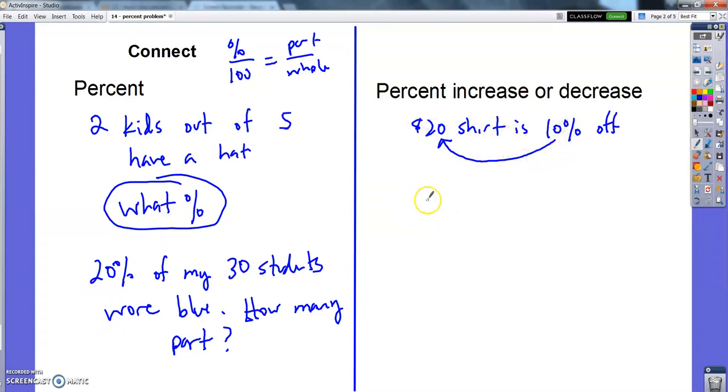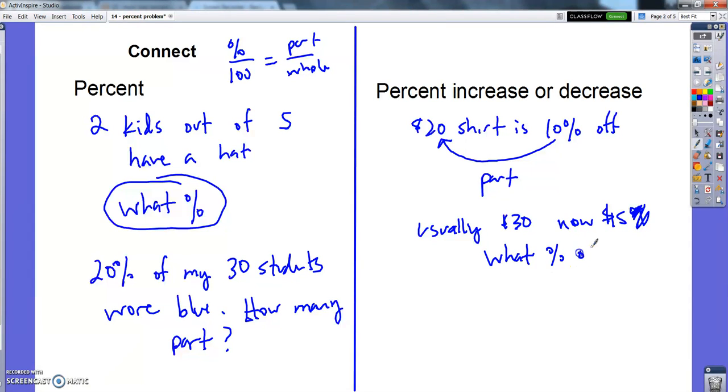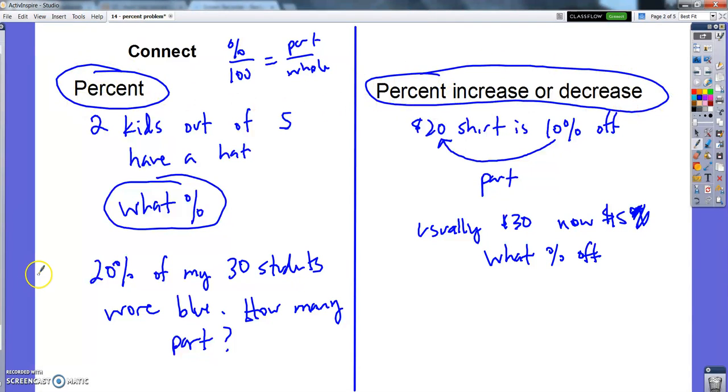Here you find the part. Sometimes it was also like, it's usually $30. Now it's $15. What's the percent off? Those were increase or decrease problems. So we had percent problems, and we had percent increase or decrease problems.